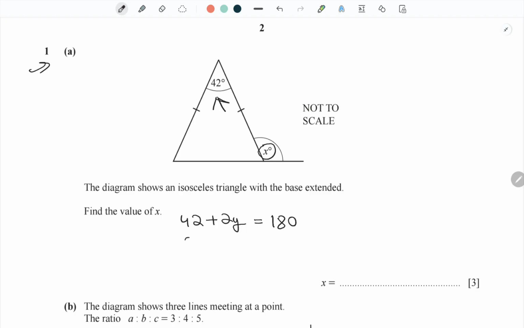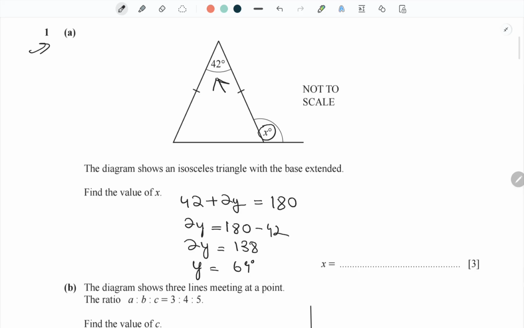Now we solve for y. So 2y equals 180 minus 42, which is 138. When we divide 138 by 2, we get 69 degrees.